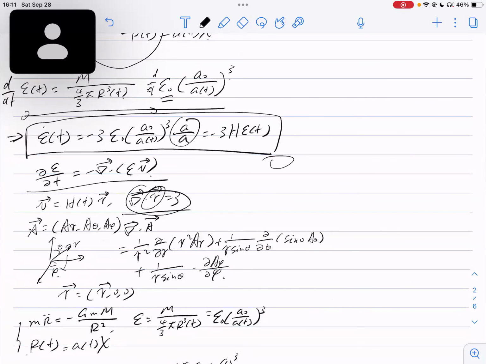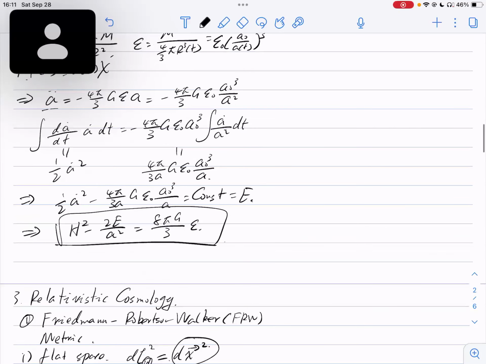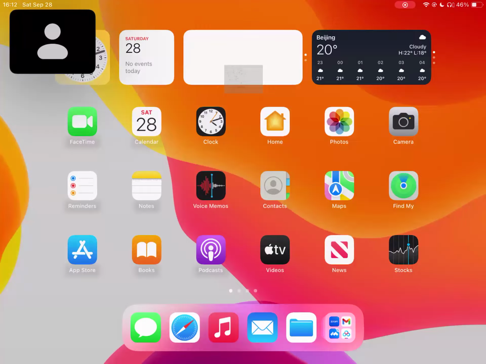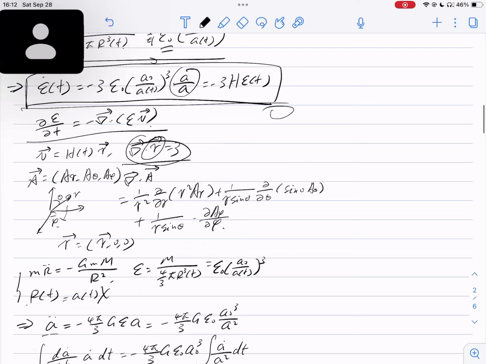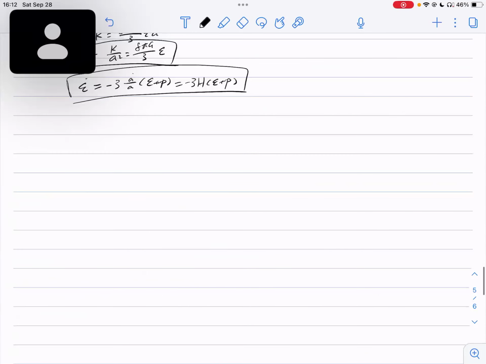You will find that if we set the pressure equal to 0, this equation will not change, and the parameter k can be regarded as minus 2 times the energy, and you will reduce the general Friedmann equation to the Newtonian case.